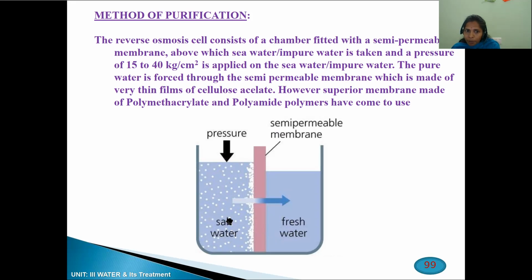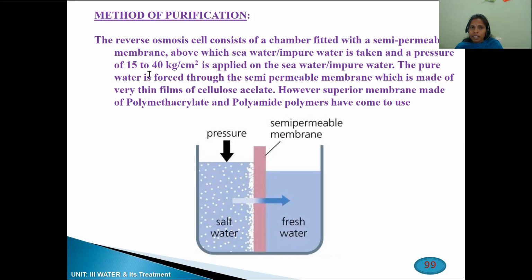In contaminated water, contaminants are the solute and pure water is the solvent. That means only pure water is transferring. See here, the dots are the contaminants and the blue ones are water. Only the blue ones are transferring from here to here, and the contaminants settle at the top of the semi-permeable membrane. Like that, we are getting fresh water in the reverse osmosis process.